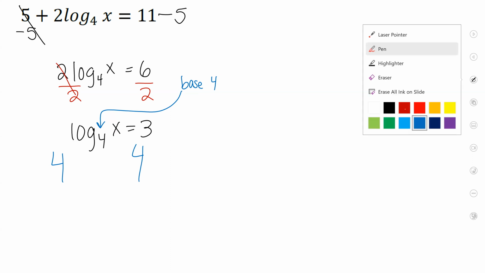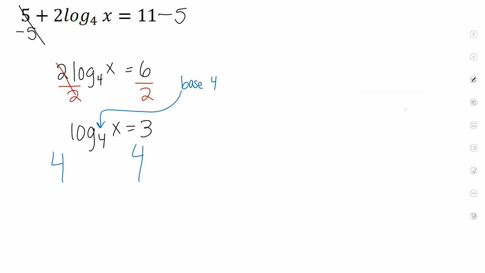So guys, this is what cancels out. 4 to the power of log base 4, they cancel out. So what we are left with is an x equals 4 to the power of 3. That is what we are left with.